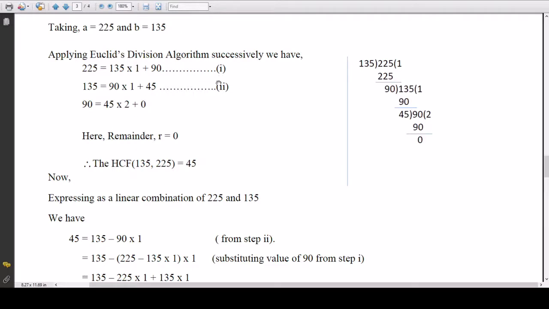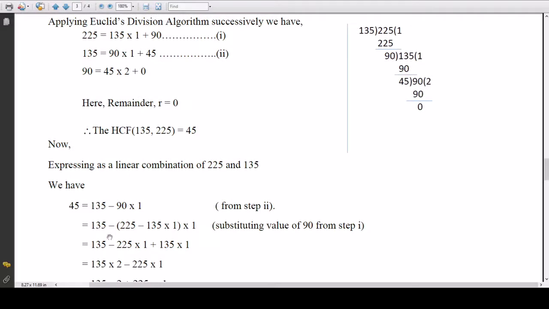From step number 2, you bring this 90 multiply 1 to the left. When you transpose to the left side, this plus sign will change to minus sign, isn't it? Therefore 45 will be 135 minus 90 multiply 1.